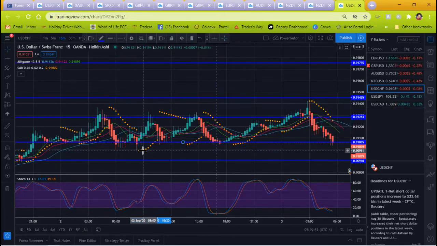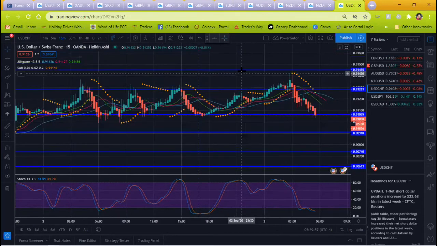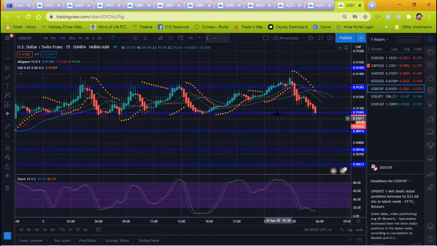So I would say even down to this next support and resistance line before getting in. And if it were to make it all the way down here, then surely it will continue on its way to go to that next support and resistance line.